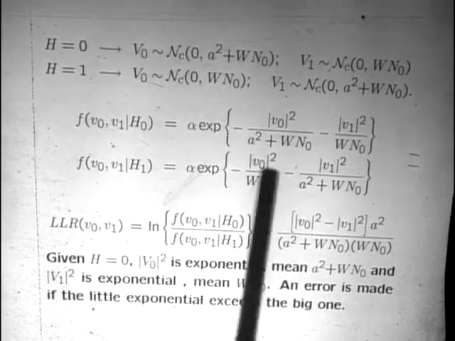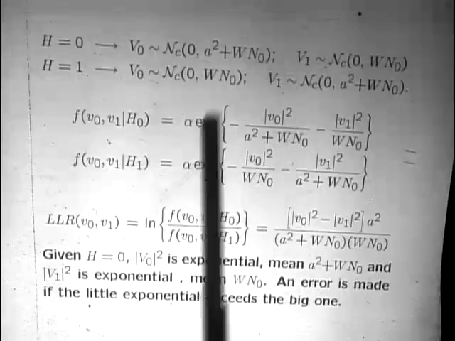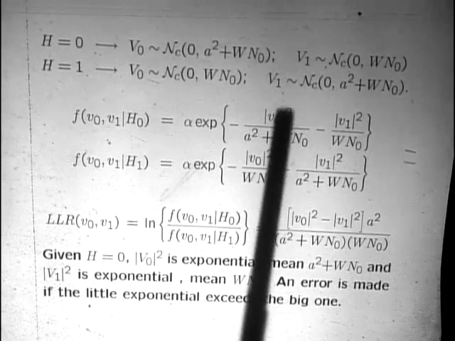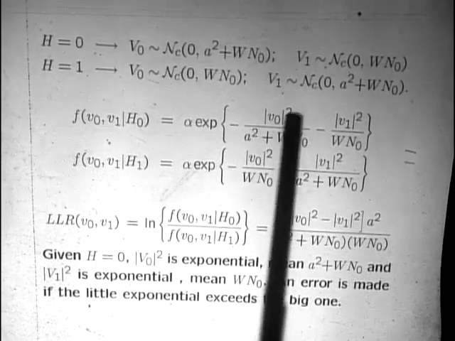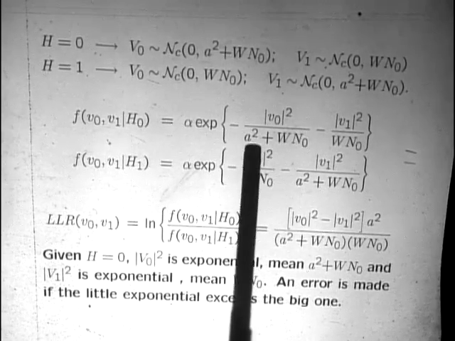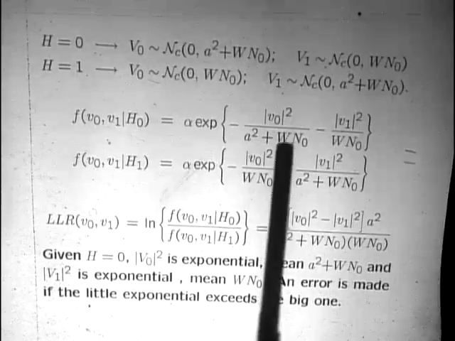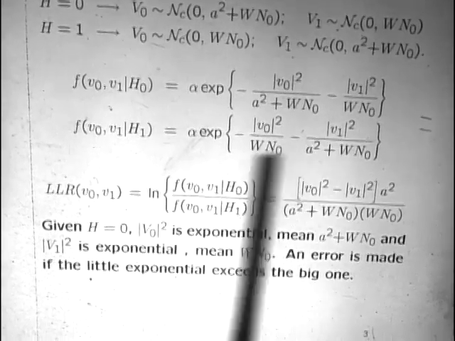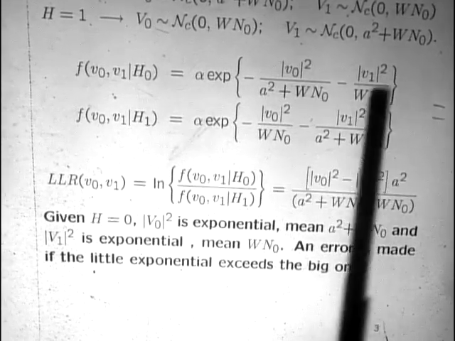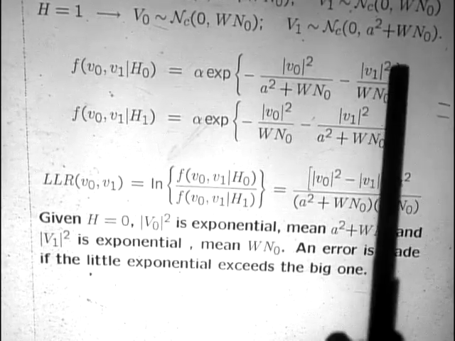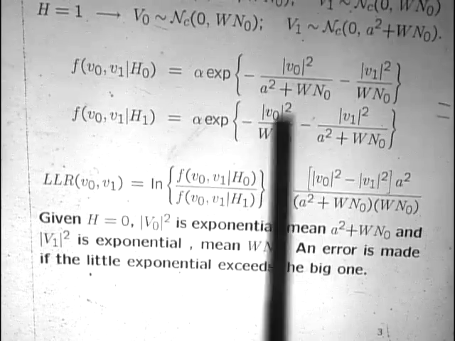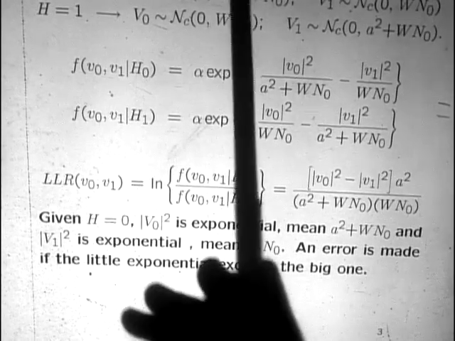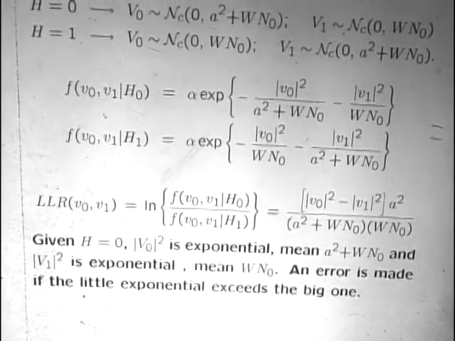And what we wind up with is this Gaussian density on V0. The density is V0 squared divided by the variance A squared plus WN0. And on V1, it's this Gaussian density V1 squared divided by WN0, just because here we have this variance, here we have this variance.